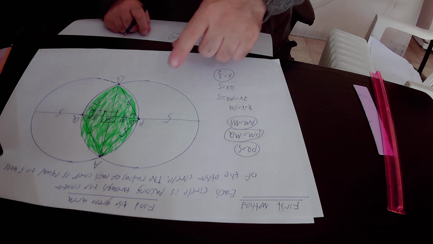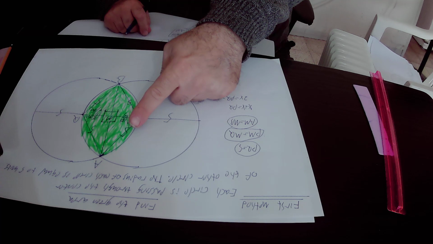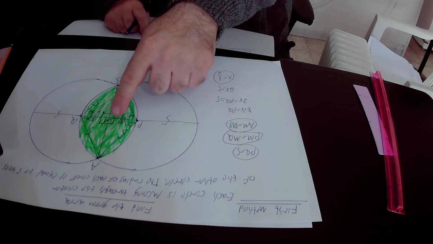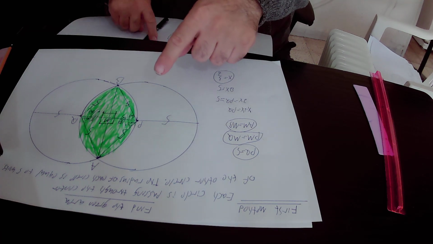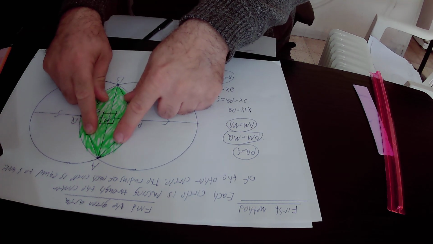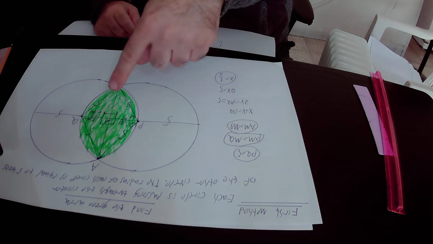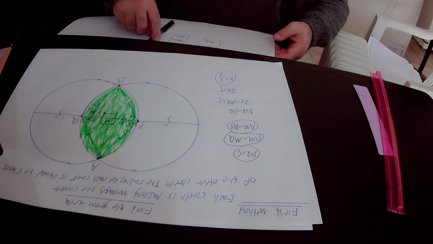So we can actually multiply the area of segment APB by 2, and we get the area of the green shape, because those two areas are equal to each other.